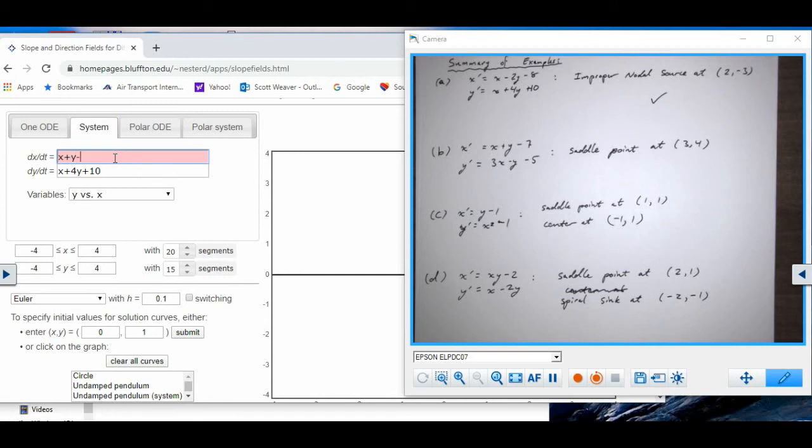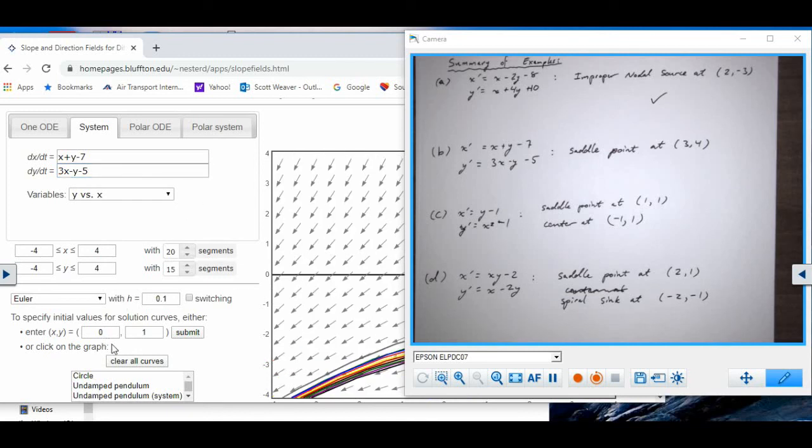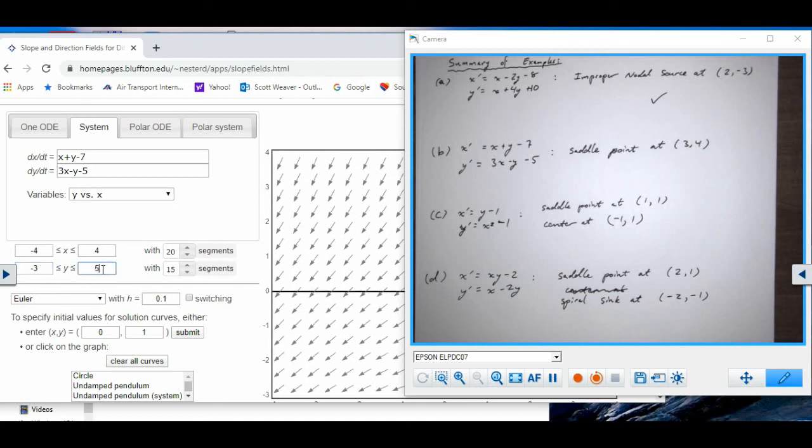My y prime should be 3x minus y minus 5. Alright, and let me clear all my curves because they're all now based on irrelevant points. It looks like a saddle point at 3, 4, so I'll want my y values to go from -3 to +5, so that I can include that point. Alright, and now let's have a look.